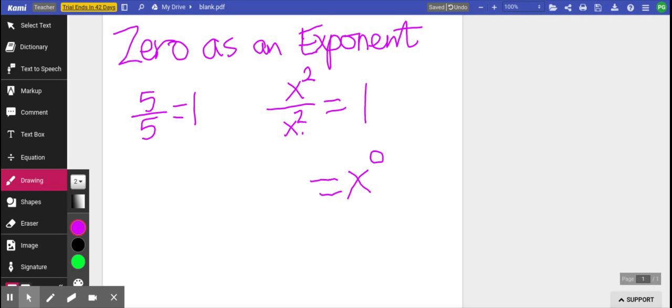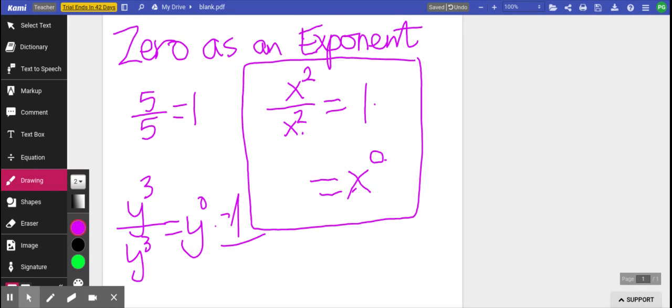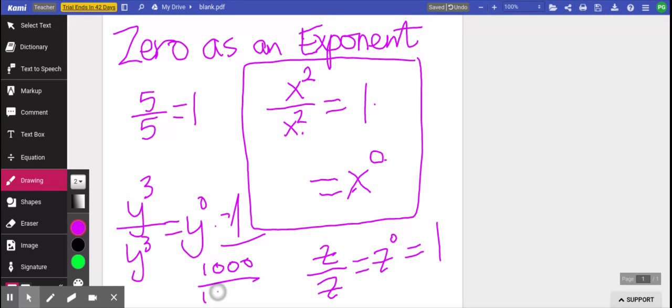So in this way, we can tell that any number raised to the 0 power equals 1. Y cubed divided by y cubed would equal y to the 0, which equals 1. Z divided by z equals z to the 0, which equals 1. 1,000 divided by 1,000 would equal 1,000 to the 0, which equals 1.